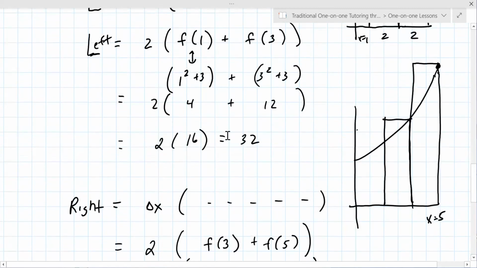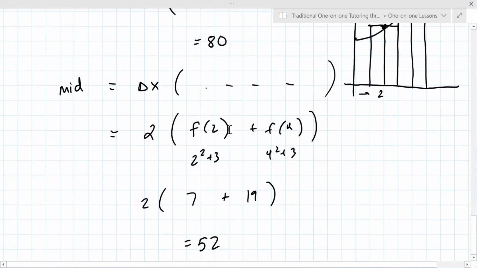Just be careful. Would you have to say if it's an over or underestimate with that one? No, you probably don't know enough to be able to do that. I'm sorry, this was the right, this was the left.